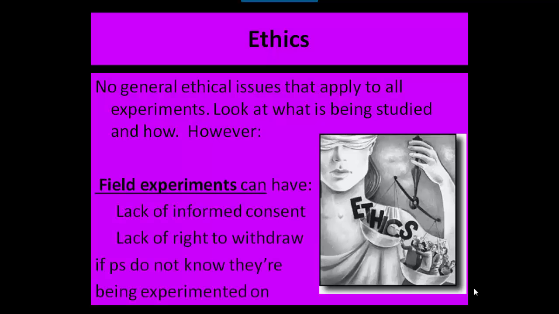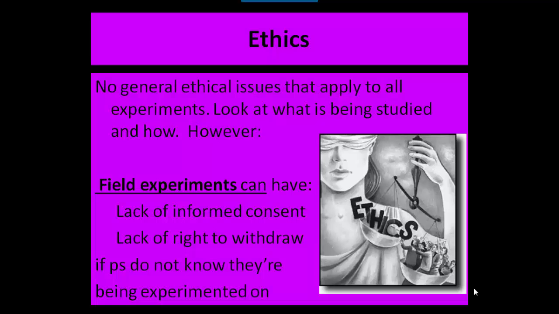However, field experiments can have a lack of informed consent and a lack of right to withdraw if participants don't know they're being experimented on. Now, this can happen more often in field experiments because participants can be experimented on without their knowledge, potentially.